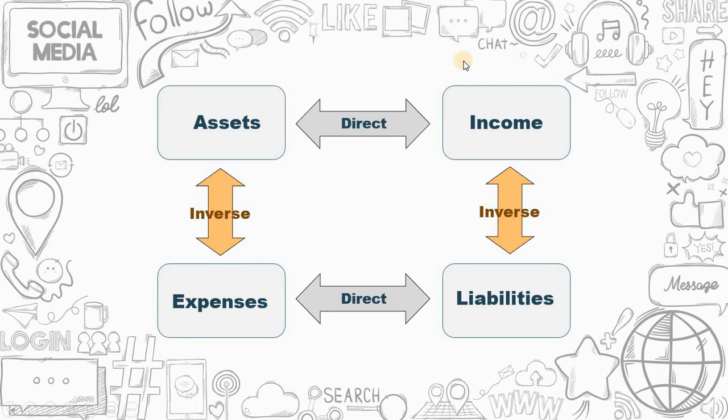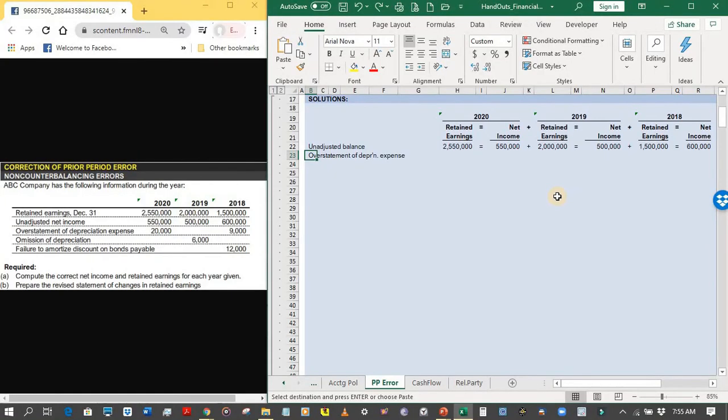And to correct the understatement of net income, it is necessary to add the understatement. In 2018, the unadjusted net income is 600,000 pesos. If the depreciation expense is overstated by 9,000 pesos, it means that the 600,000 pesos is understated by 9,000 pesos. So in order to correct the understatement, we need to add the 9,000 pesos.